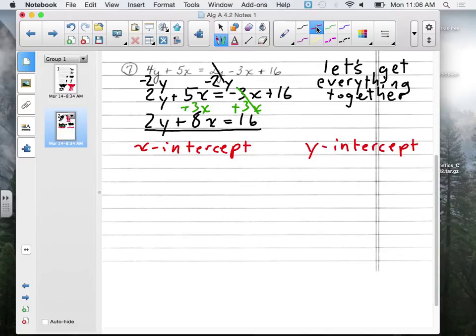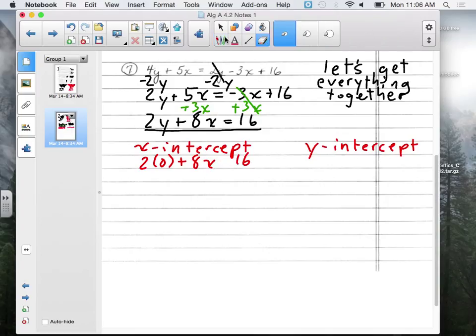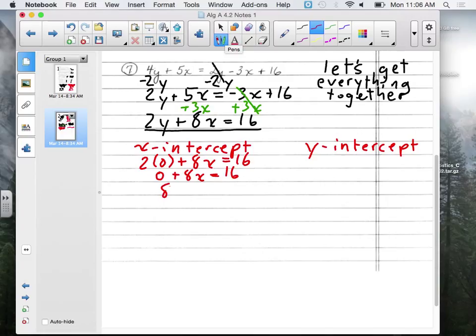So you rewrite it as 2 times 0 plus 8x equals 16. 2 times 0 is 0, plus 8x equals 16. 8x equals 16, because 0 plus anything is the same thing. 16 divided by 8 is 2, so x equals 2, exactly. And what ordered pair is that? 2, 0.